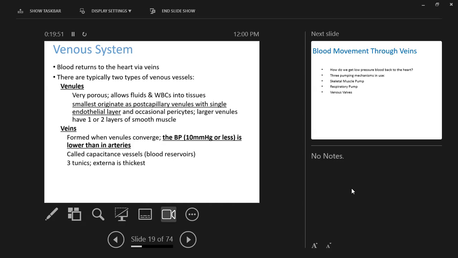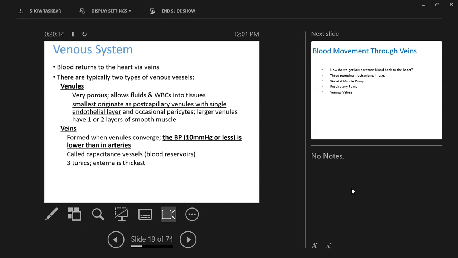Blood comes into the capillary bed from the arteriole, and it goes through the capillary bed. It's collected on the other side by the venule, and then the venules form veins. And the veins are very, very low pressure structures. 0 to 10 millimeters of mercury pressure is all you're going to get in a vein.